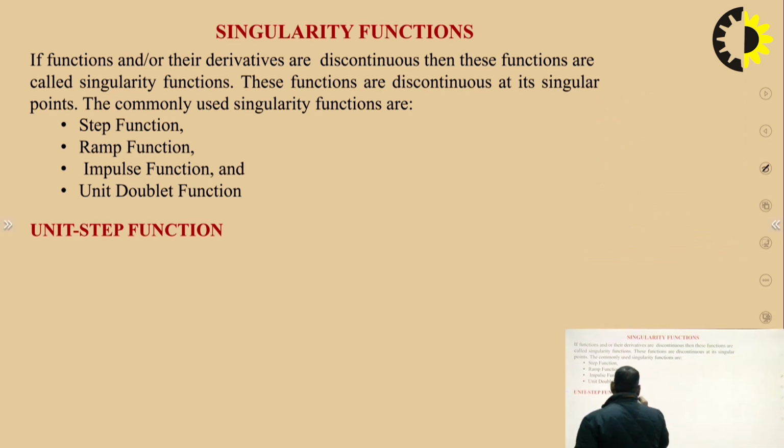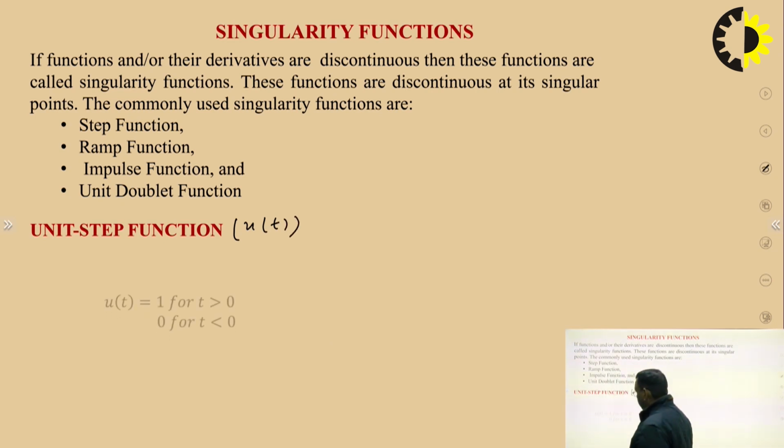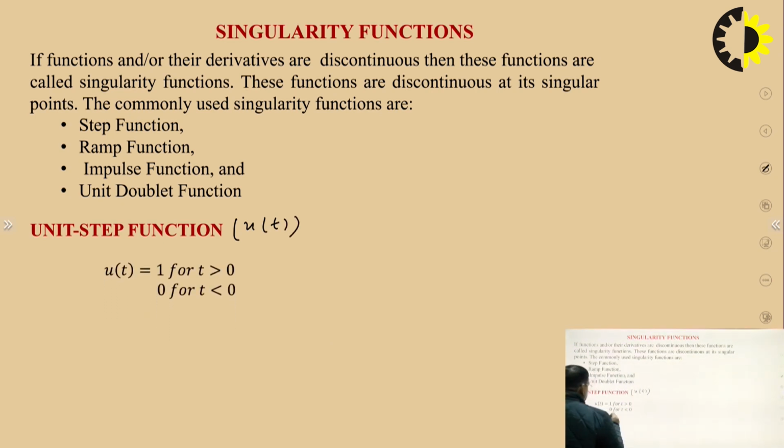Mathematically it can be written as u(t) is equal to 1 for t greater than 0, and it is 0 for t less than 0. This function is not defined at t is equal to 0, so we can say that this function is discontinuous at t is equal to 0.